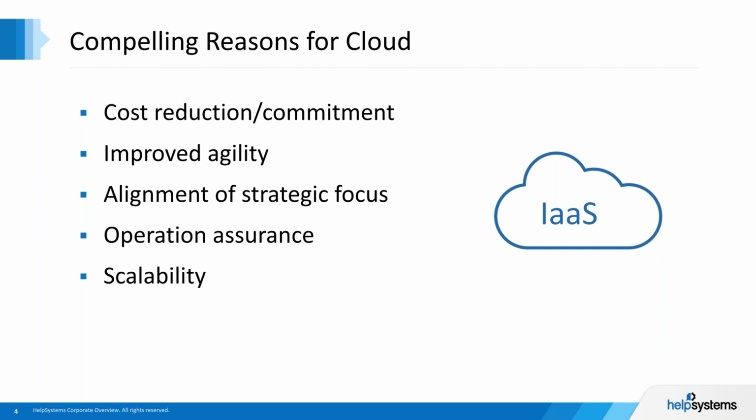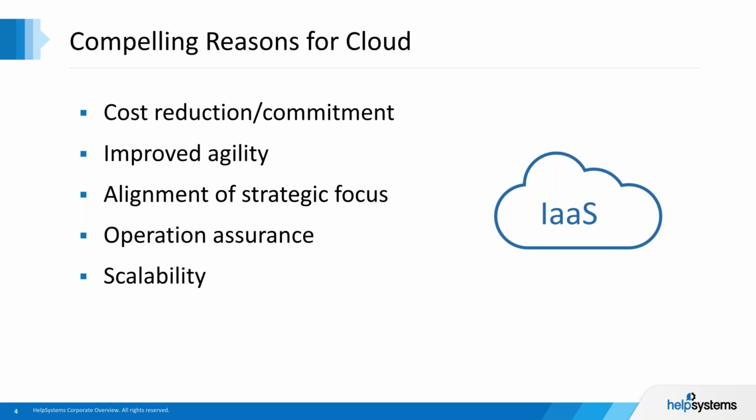Alignment of strategic focus, so focusing on your core business, not having an army of people doing operations, managing your data center, caring for and feeding physical infrastructure, but rather giving that away to someone else and focusing on what makes you special. Operational assurance: for smaller organizations who can't afford or can't manage to keep all the expertise in-house, it's sometimes safer, or it feels better, to rely on a big cloud provider to give you assurance around security and operational excellence.